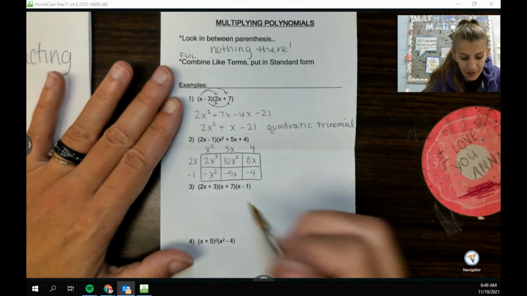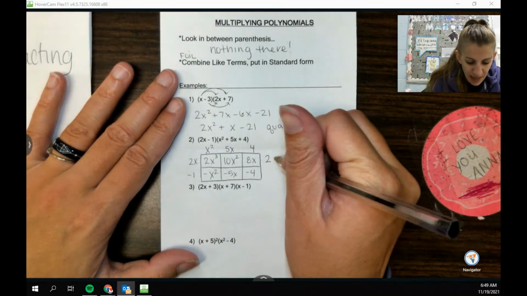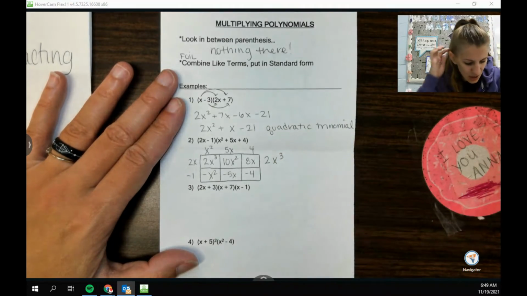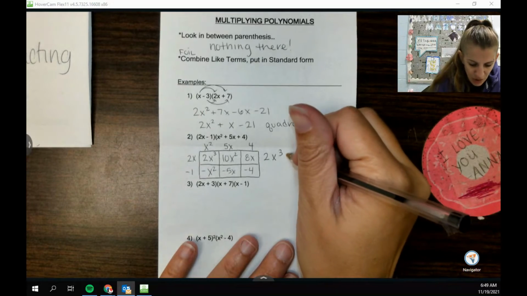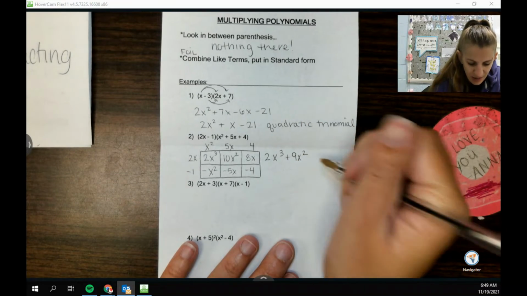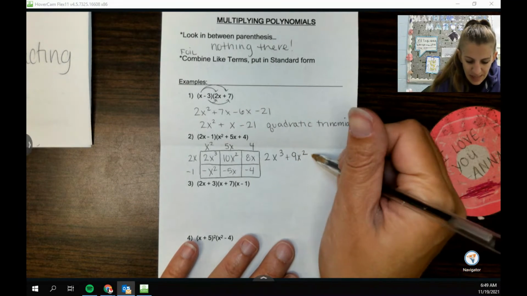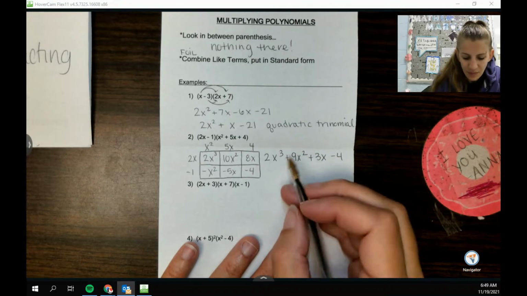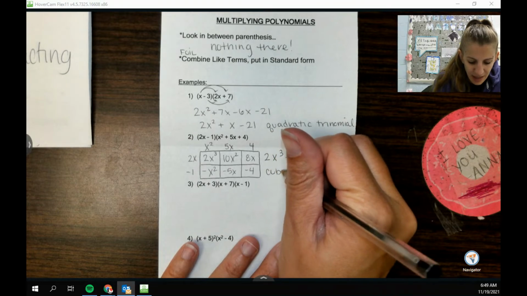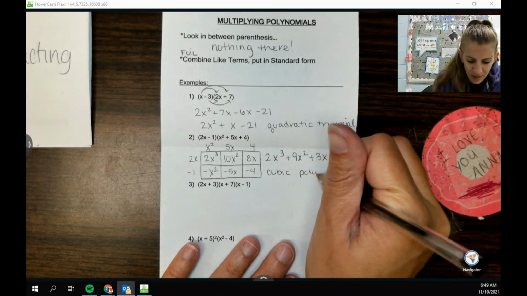And then we can go through and combine like terms. So I'm going to put it in standard form, so 2x to the 3rd. But then these diagonals are the same. So plus 9x squared plus 3x minus 4, which is a cubic polynomial.